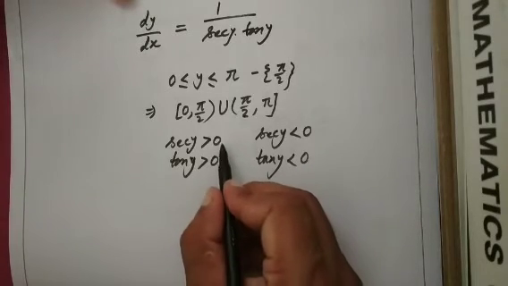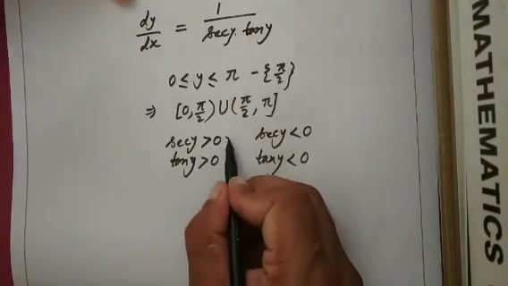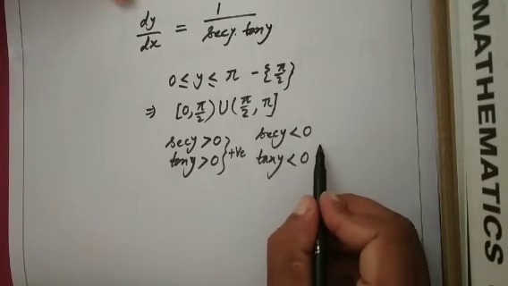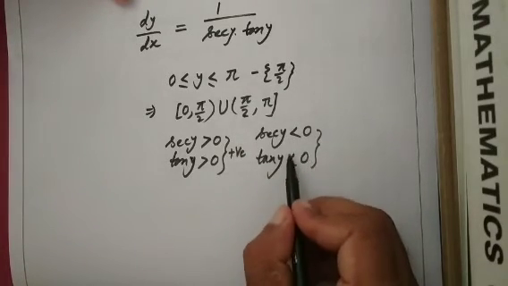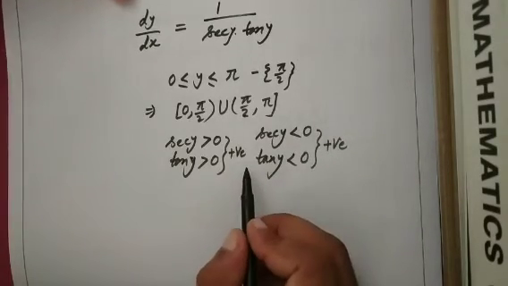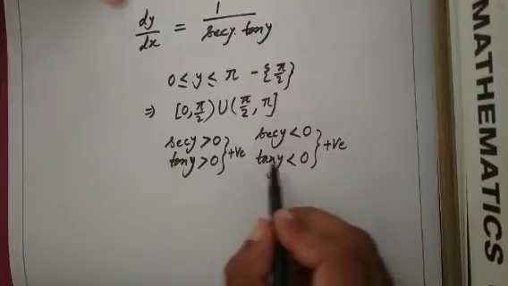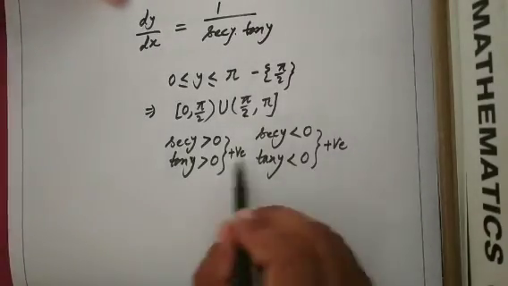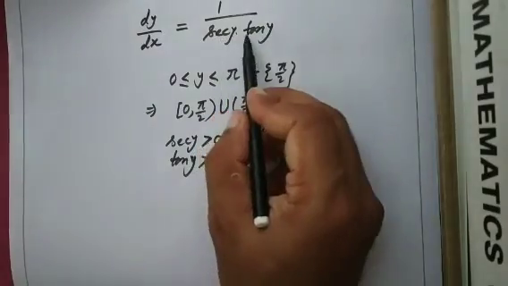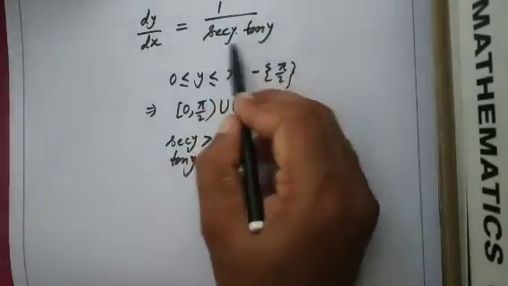So the product of these two in the first quadrant is always positive. In the second quadrant both are negative, so their product is again positive. Whether both are positive or both are negative, their product is always positive. That means this product sec y into tan y will always be positive.